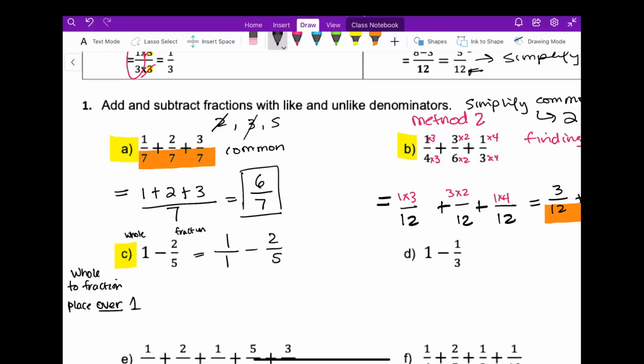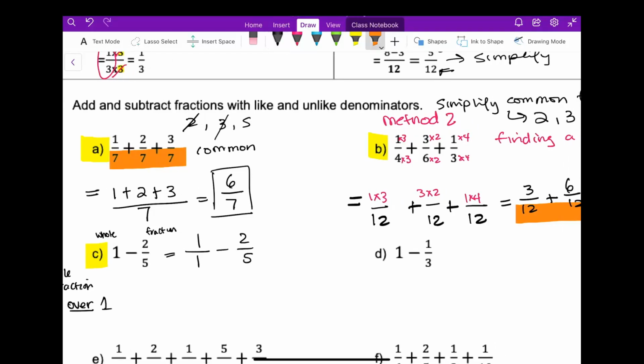Now we just do the same steps that we did, which is the common denominator. Because I'm asked to add or subtract, my first step is to look at the denominators. This happens to be unlike. We can label it as unlike or not common. Therefore, we need to go into our steps of finding a common denominator. You are welcome to use method 1 or method 2. In this case, I'm going to go back to method 1 because it's really easy.